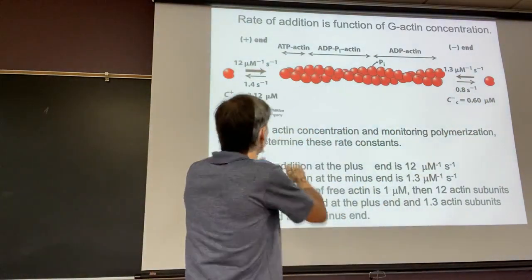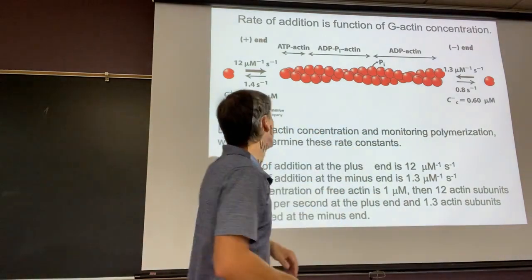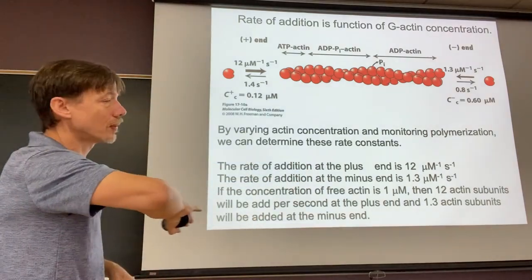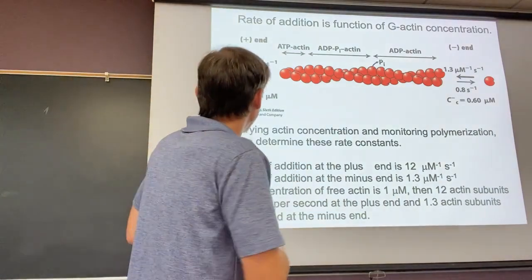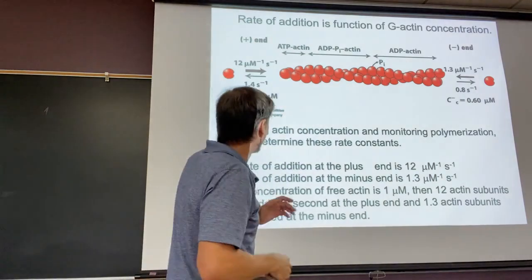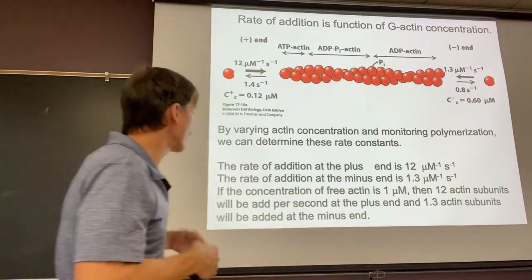Whenever there's a -1, it means like over. So this is 12 over micromolar over second. So you get your rate constants there, and there's a couple of different rate constants here.